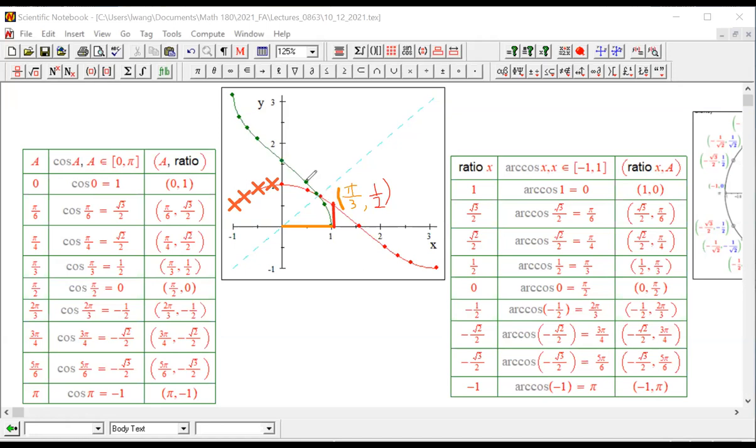On the other side, there's a point on the green. There's a red point on the cosine between 0 to pi. There's a green point on the arc cosine. And on this point, it's a reversal of the xy swapped. Remember that swap action?